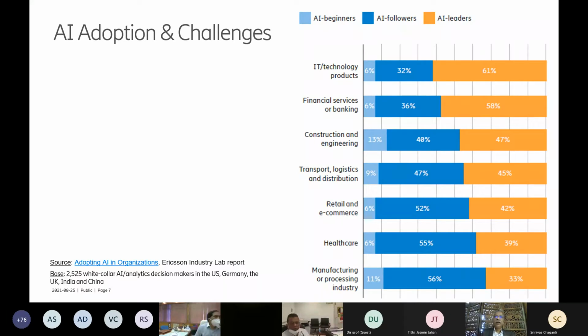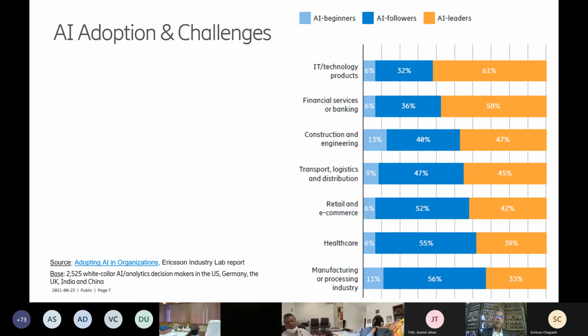What I am showing you here is based on an Ericsson Industry Lab report that was published recently. It spoke to a wide range of business stakeholders involved in analytics and AI in different organizations across industry segments, as you can see on the right side.